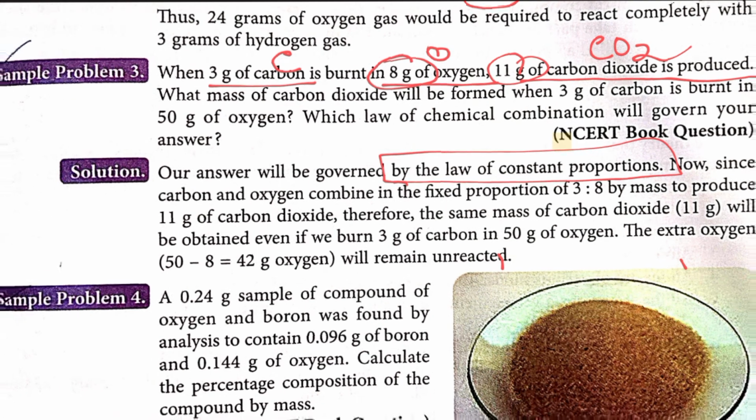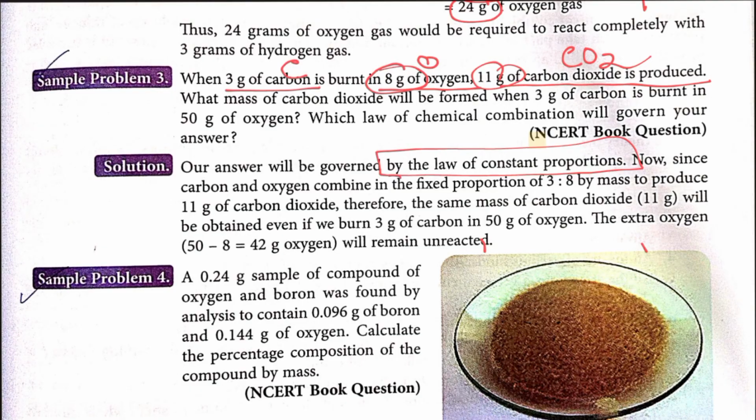Now, since carbon and oxygen combine in fixed proportion 3:8 by mass, you are seeing 3 gram of carbon is combining with 8 gram of oxygen, so 3:8 by mass to form 11 gram of CO2.